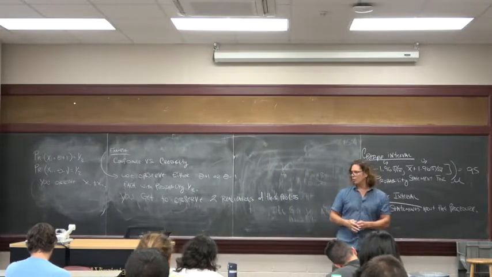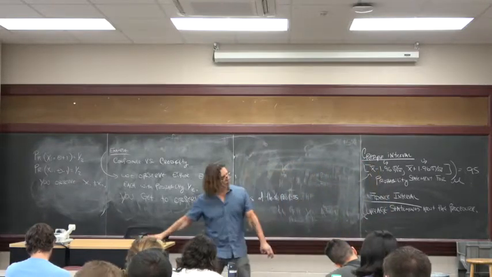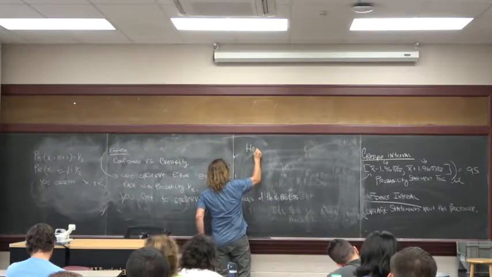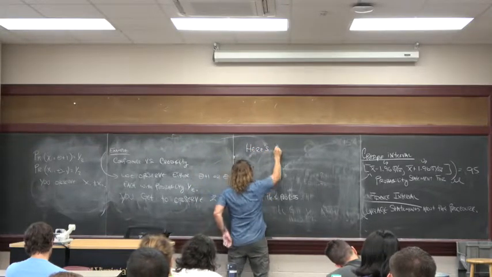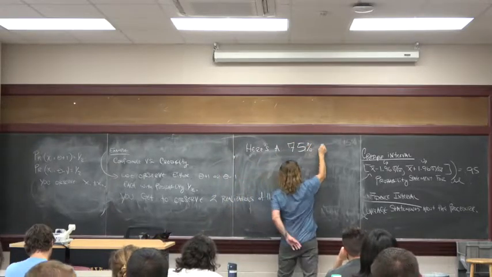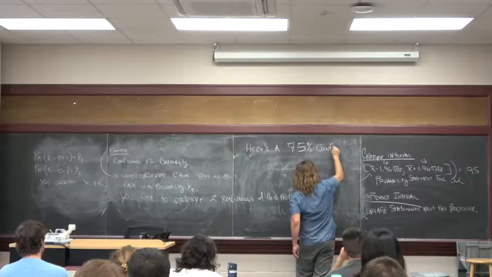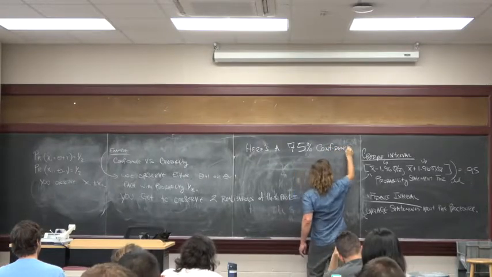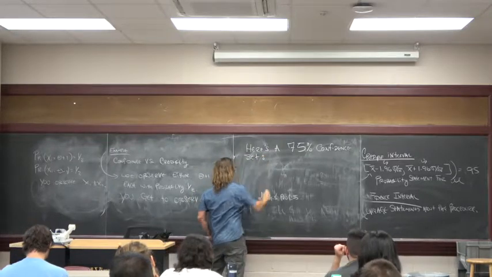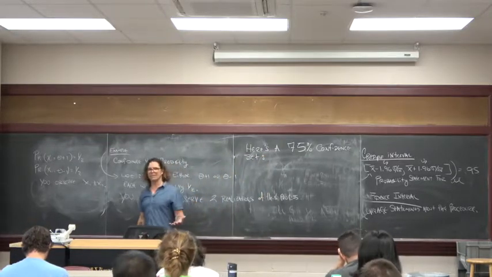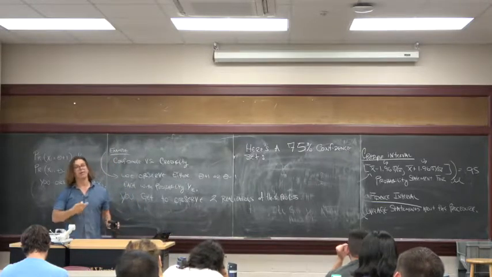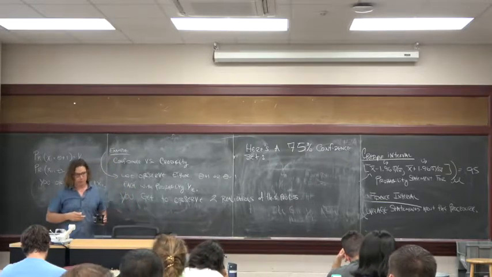Let me give you a confidence set. So here's a 75% confidence set. This is just a statement, and this is meant to be a very lousy answer, but what you can get by being the unconditional frequentist.